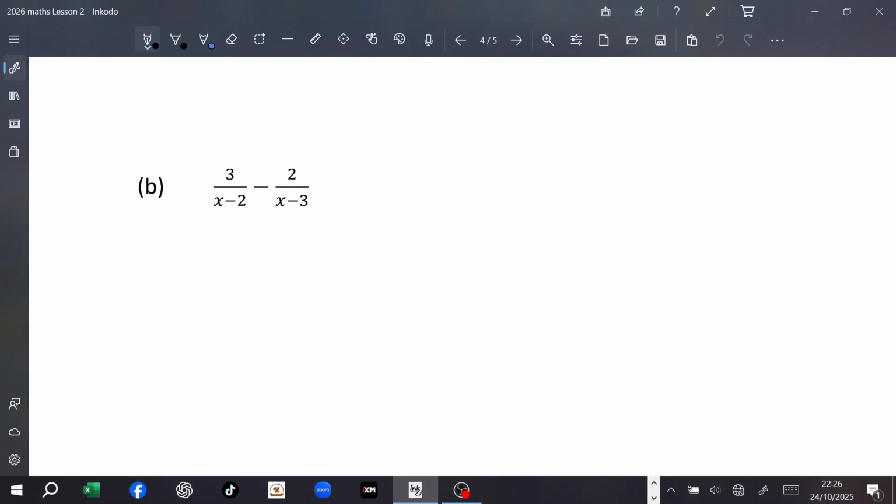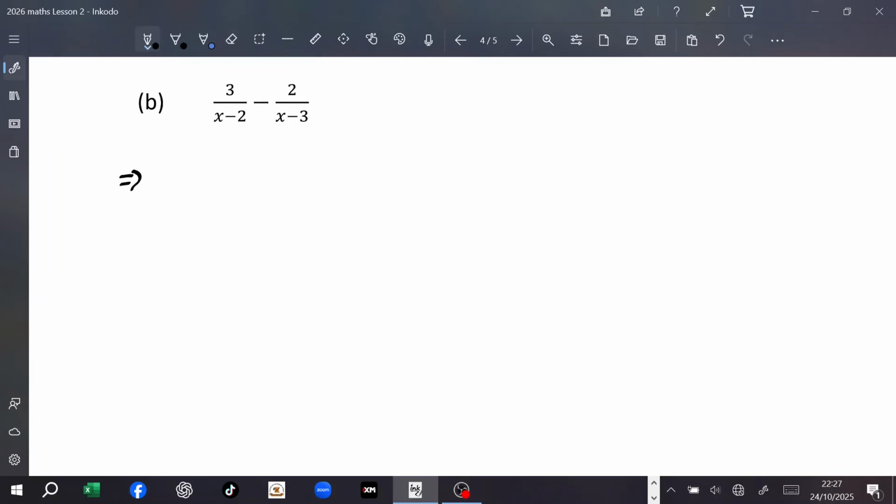So another example is this one where we want to make this one as a single fraction. Again, what you do, you look for what is common for x minus 2 and x minus 3. If you can't seem to see or find what is common, just write the same ones as being common.